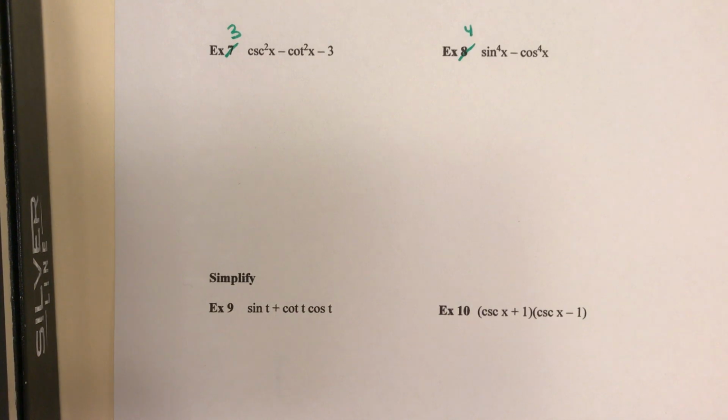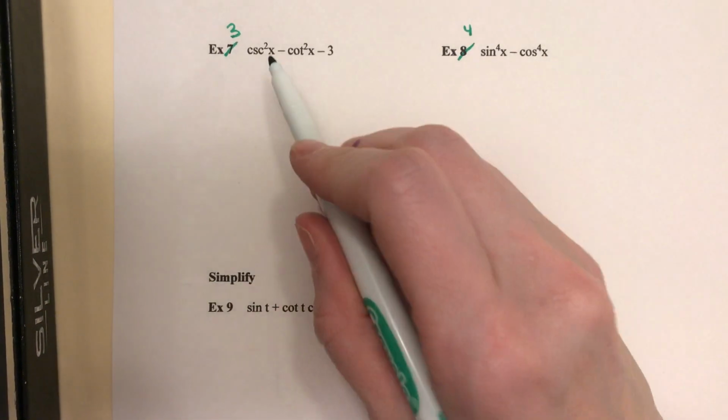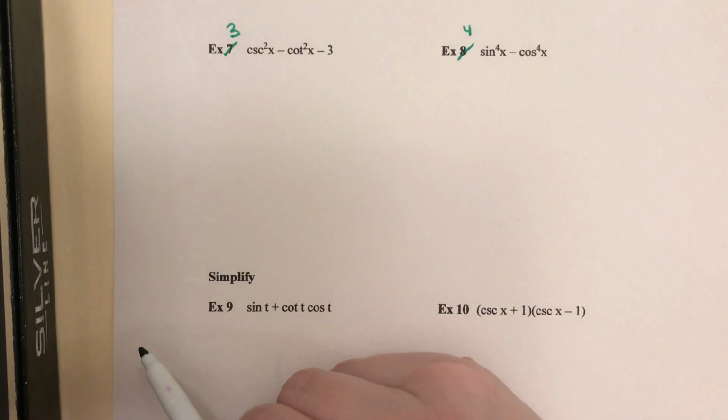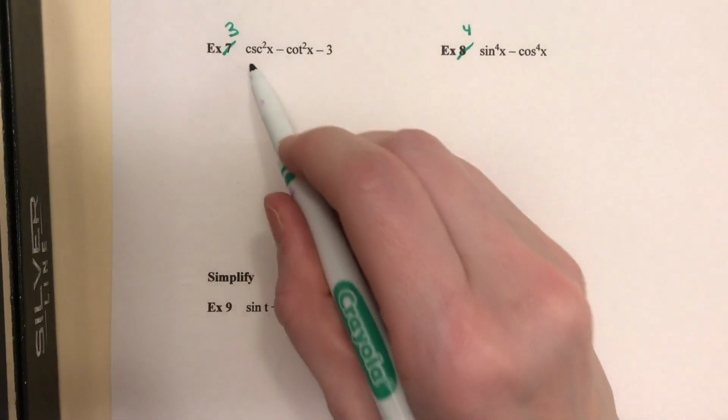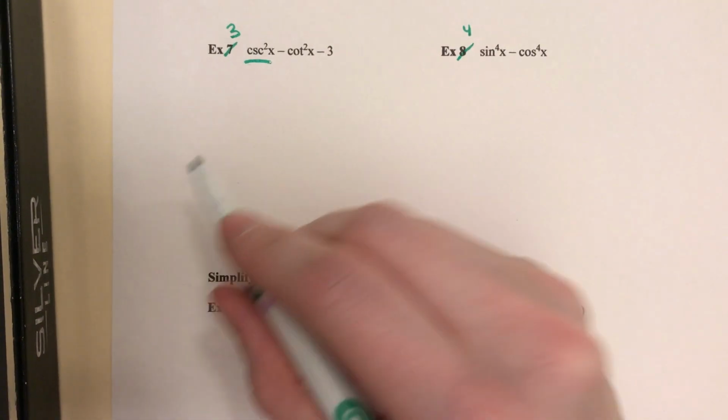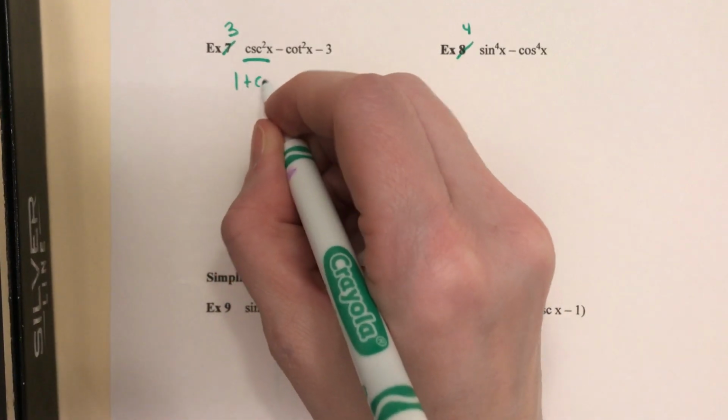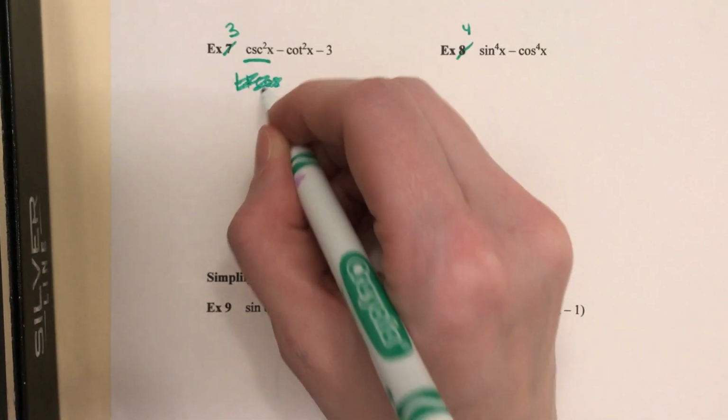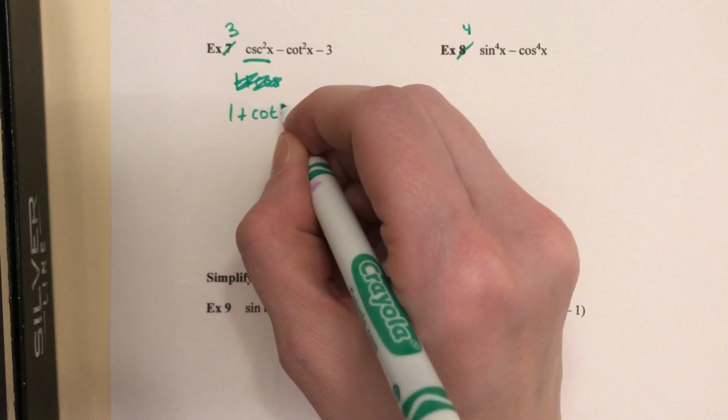So let's try number 3. Now, here we have a little bit of an issue because I have cosecant and cotangent. Now, when we factor, we want there to be one trig function. So I'm going to use my formulas to help me here first. If I look at my Pythagorean identities, anytime I see a square, I see that cosecant squared is equal to 1 plus cotangent squared.